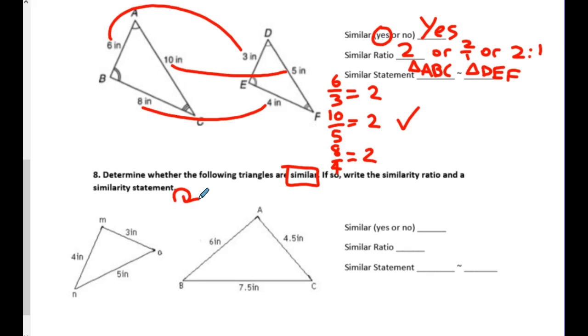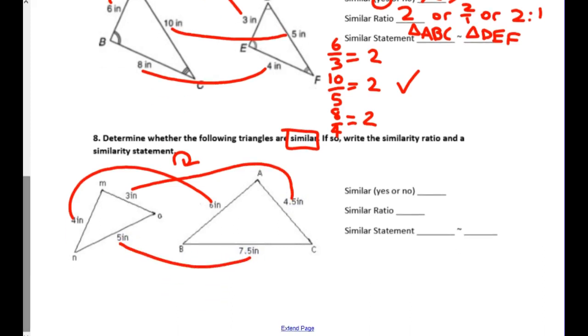So, 4 goes to 6, 3 goes to 4.5, 5 goes to 7.5. Okay? So let's write our 3 fractions, and see if they're equal. So 4 over 6, and then we got 3 over 4.5, and then we got 5 over 7.5.